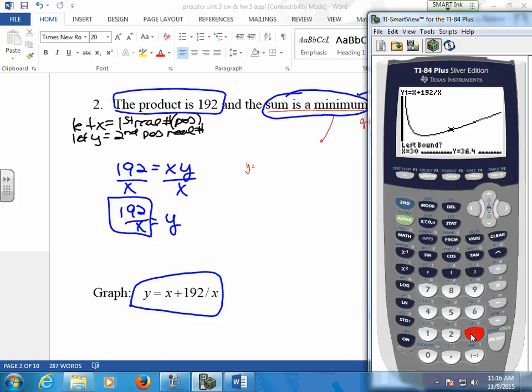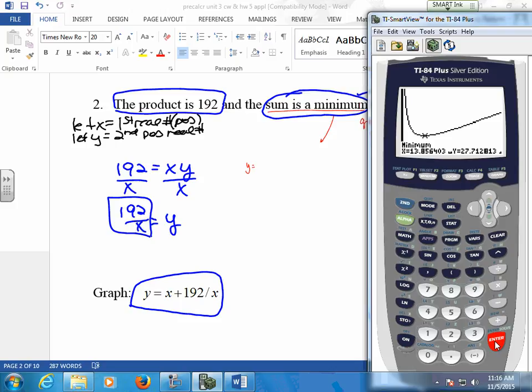Go to the left of that bump, make sure you go to the left of it. Okay, go to the right of it. And see what your minimum is.